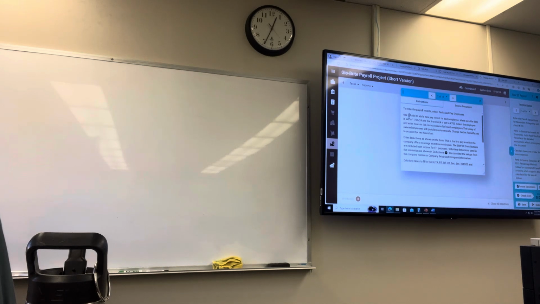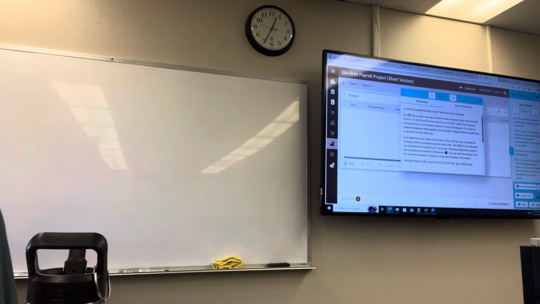So we'll use the plus sign to add a new pay period for each employee. So to enter it, we're going to select tasks and pay employees. There we go. Let's see, use the plus, here's the plus add. To add a new pay record for each employee, make sure the date is set to 11/20/24.